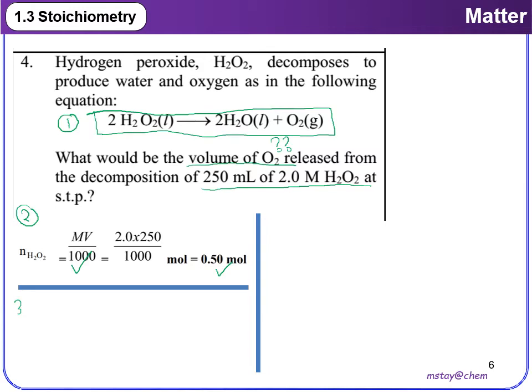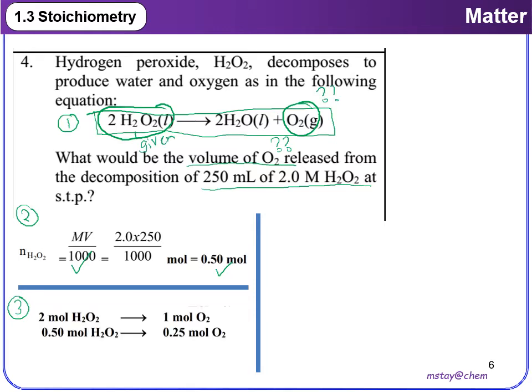So step number 3, we need to do the comparison. In this question, we are going to compare oxygen with hydrogen peroxide because this is given and this is what we are asked to determine. So you can simplify writing like this. So compare, and then this is the number of mole of oxygen gas that is produced.